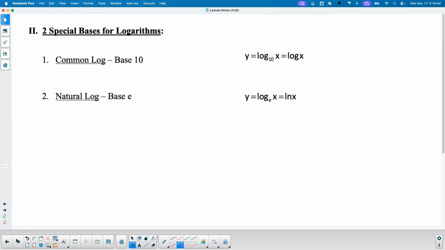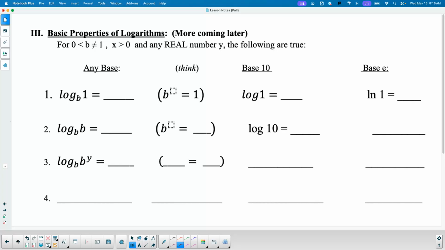So that's what we talked about already. We can jump down to the basic properties. Log base b of 1, for any base b, is always going to be 0, because b to the 0 power is always 1.